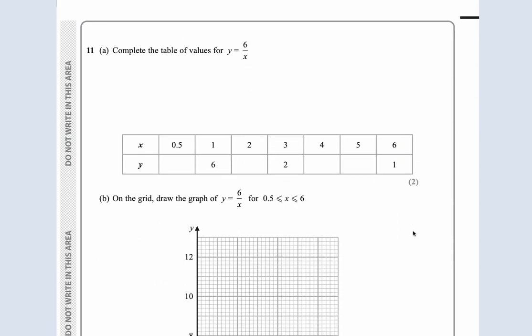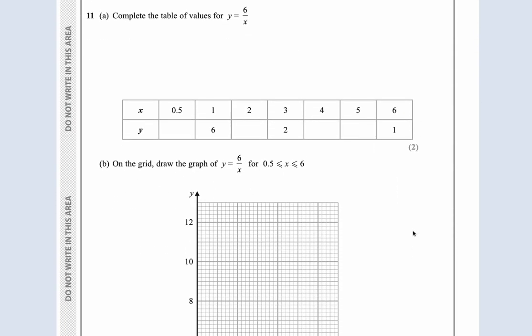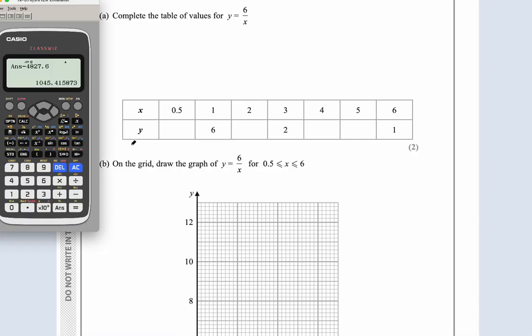Okay, question 11. Complete the table of values for y equals 6 over x. Right, guys, this is a very easy question. Why? Because we have a calculator and we can put into our table, here's the table, 6 over x.